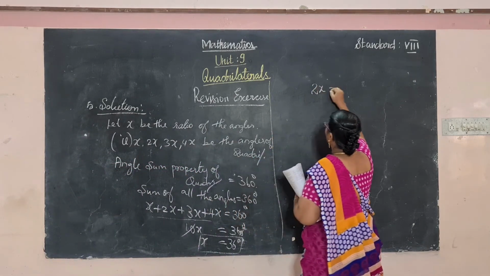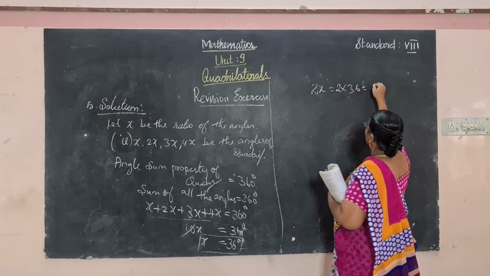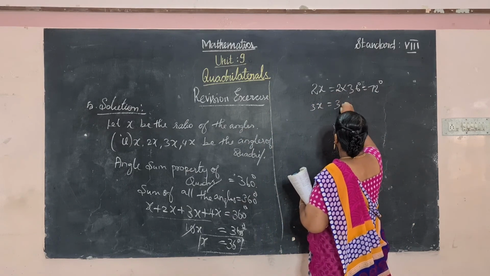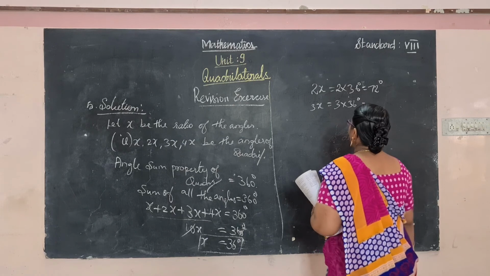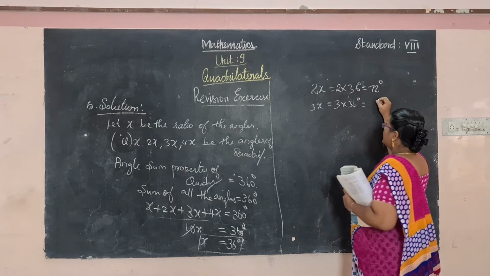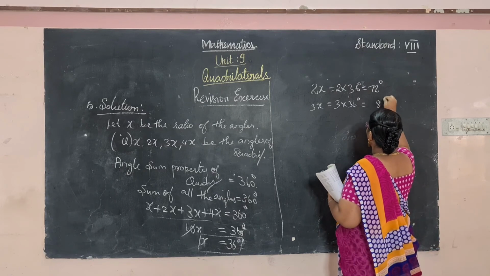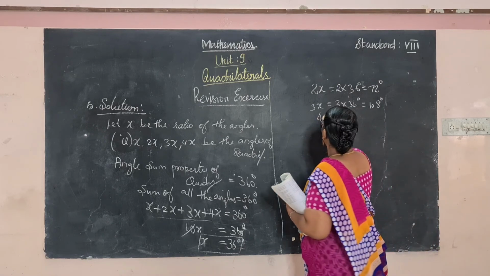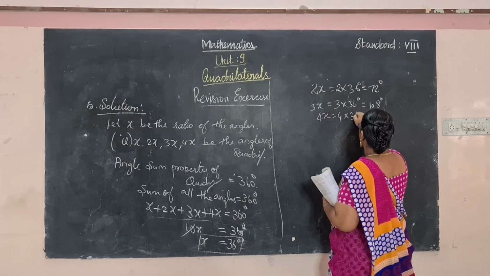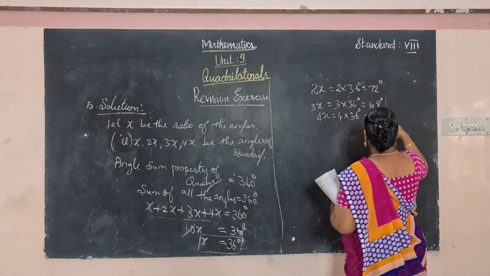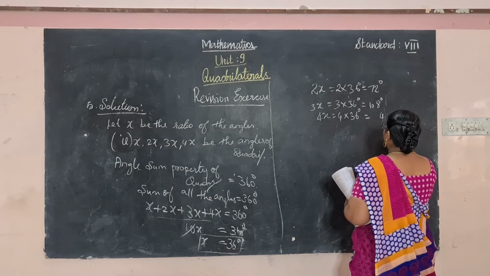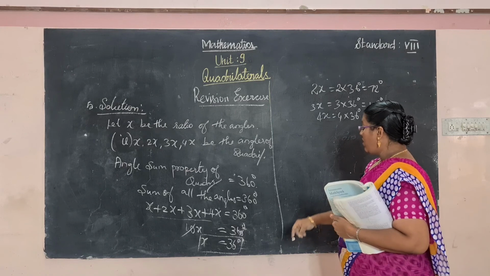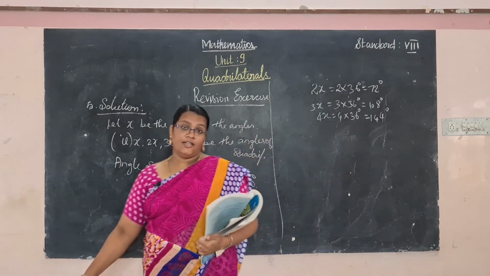The second angle 2x, so 2 into 36, 72 degree. And next one 3x is equal to 3 into 36 degree, 3 6s are 18, remaining 108 degree. And 4x equal to 4 into 36 degree, is equal to 144 degree. So we add these four angles, we get the 360 degree.